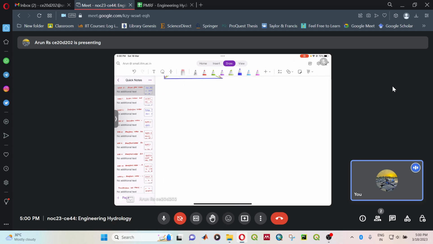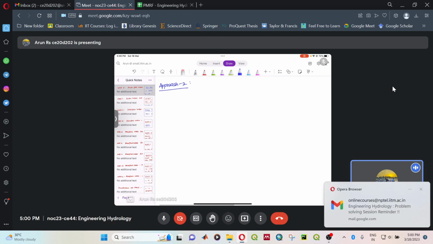So now we'll see the second approach. Depending on the problem, you'll be dealing with either approach 1 or approach 2.